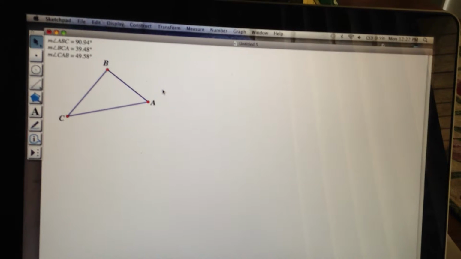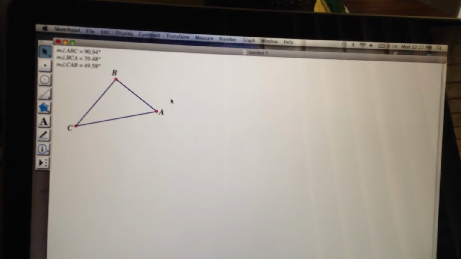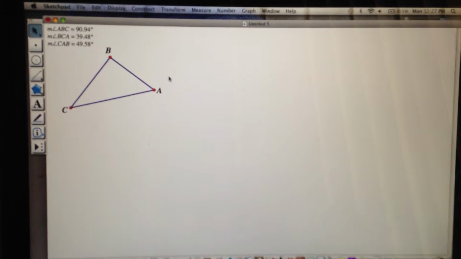Okay, then I'm going to create another triangle with the same exact angle values but different size, so basically a similar triangle, but that is showing that just because they have the same angle values, they're not congruent triangles.